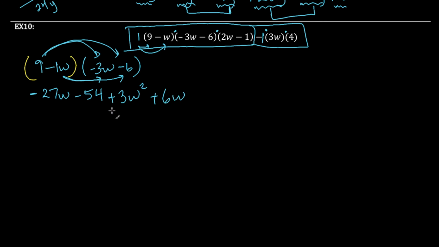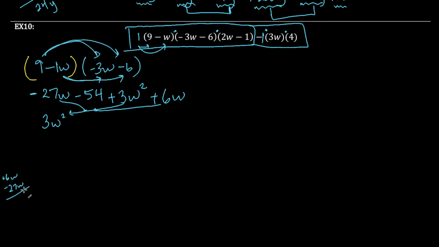Let's clean this up a little bit before I multiply one last time within this group. So 3w squared comes over here. I'm trying to find room. So 6w minus 27w.